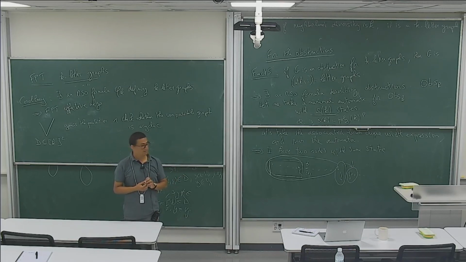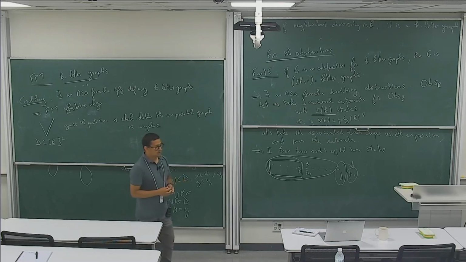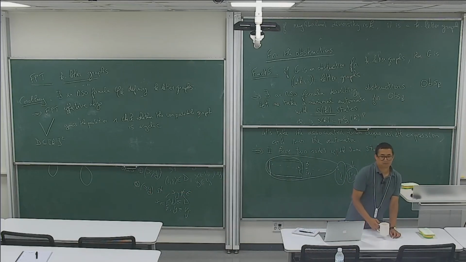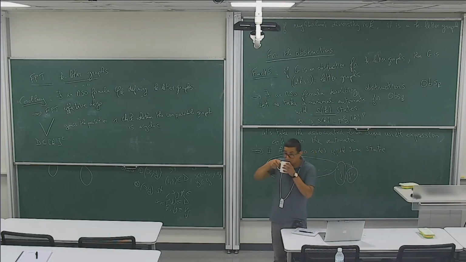So this is a nice observation: using automata theory, you can easily compute abstractions for a subclass of bounded clique-width. Yes, thank you.